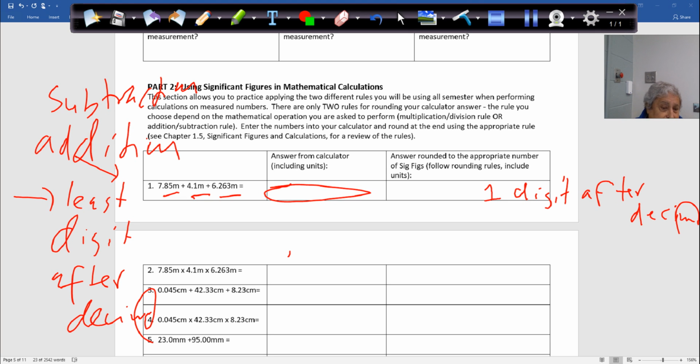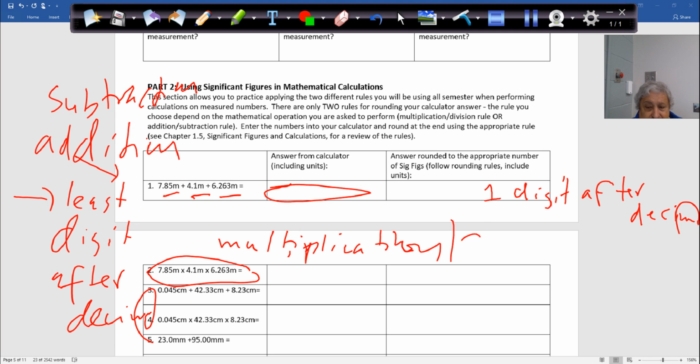So you come here when it comes to multiplication and division. This is multiplication, and the same rules apply for division. These rules are different from addition and subtraction.